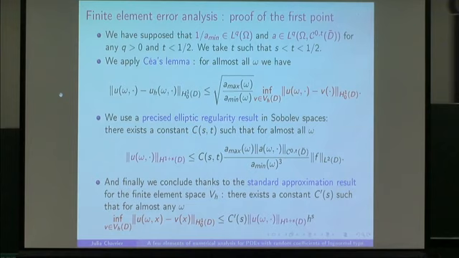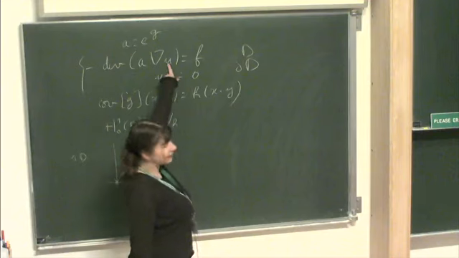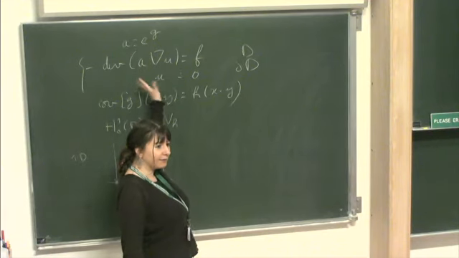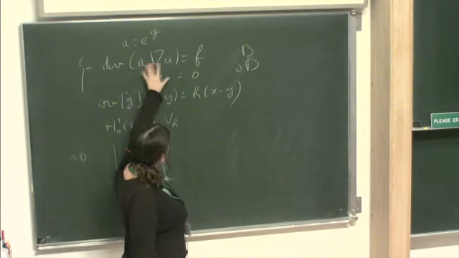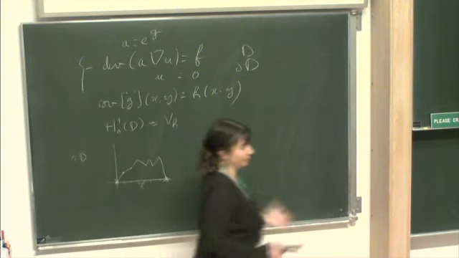And then to know how good the approximation of u in my space V_h is, you need to know the regularity of u, and therefore you have to use a theorem we call an elliptic regularity result. Why elliptic? Because it's an elliptic PDE, and this kind of theorem tells you, if you know the regularity of a and the regularity of f, what the regularity of u is. That's why they are called regularity theorems, because they give you the regularity of the solution as a function of the regularity of the coefficient.